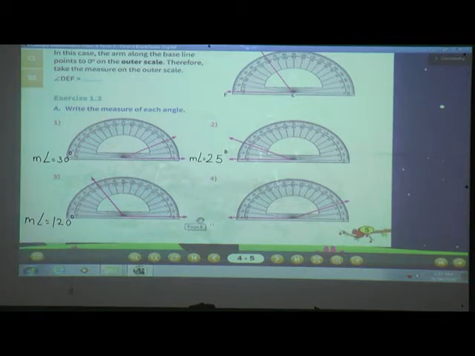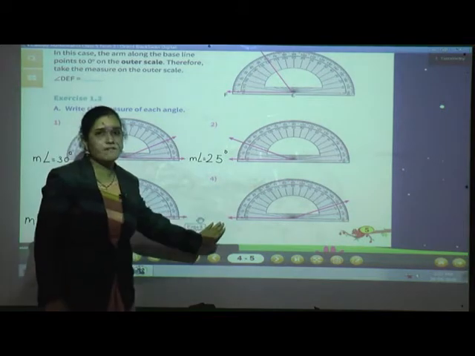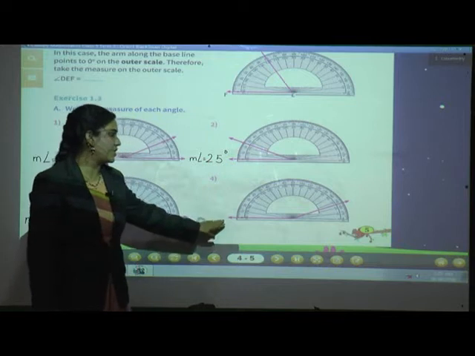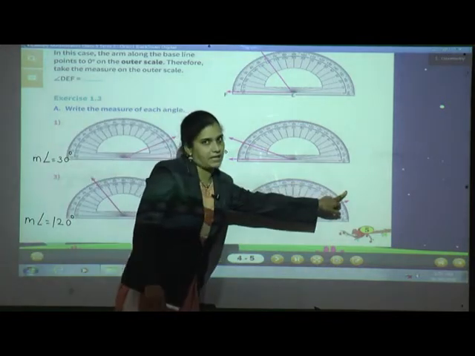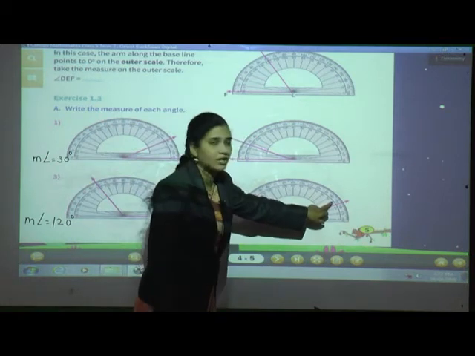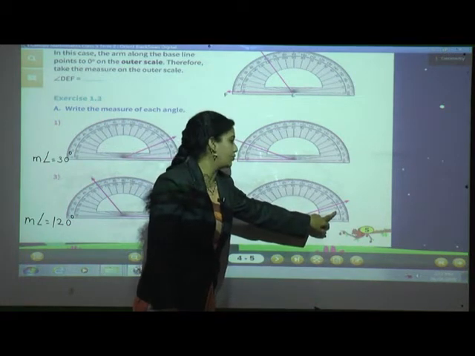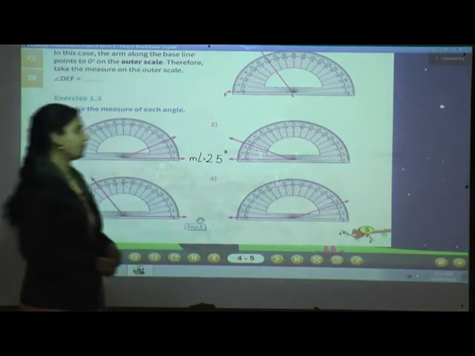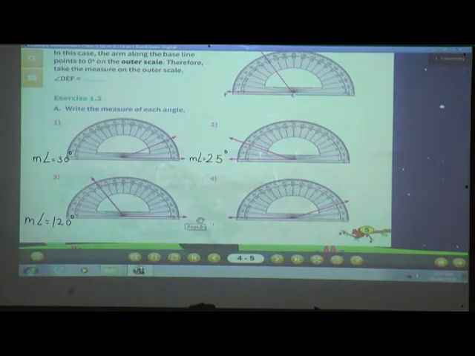Now fourth one, here the arrow is on the left side, so we have to measure by outer scale. Now the angle, see, is it between 30 degree and 20 degree?